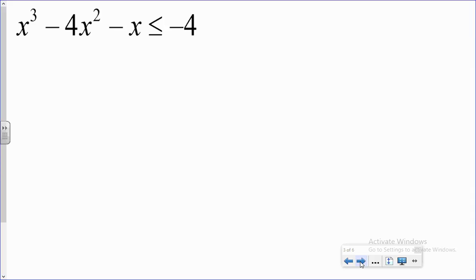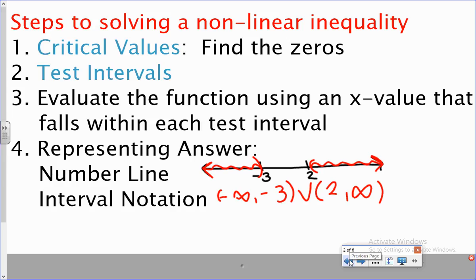I'm going to go ahead and make a step 0 on this page, if you can squeeze it in. Since we have to find critical values that are the zeros, let's go ahead and change our inequality by comparing it to 0.